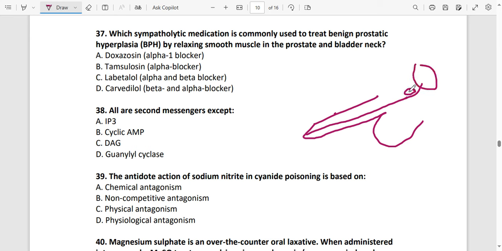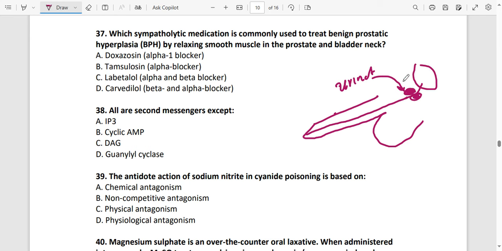So I've got the prostate gland at this point. If the prostate gland becomes big, it is going to compress on the bladder so someone can't urinate. There is no urination if someone has got benign prostate hyperplasia.